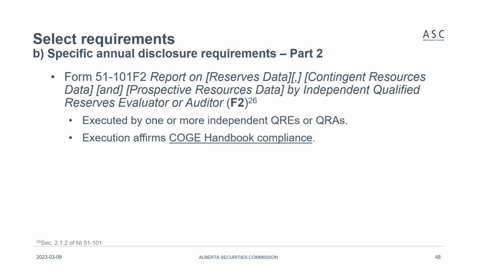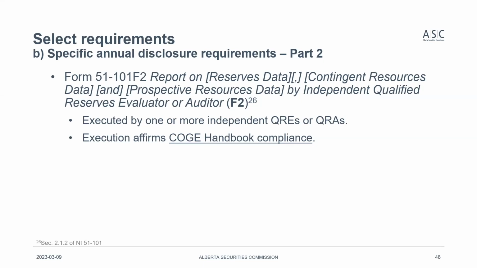So the F2 is where the independent qualified reserves evaluators and qualified reserves auditors take responsibility for their work that has been incorporated into the F1 itself. The F2 is to be executed by one or more independent QREs or QRAs, and we already talked earlier about the appointment of those under 3.2 of the instrument itself.